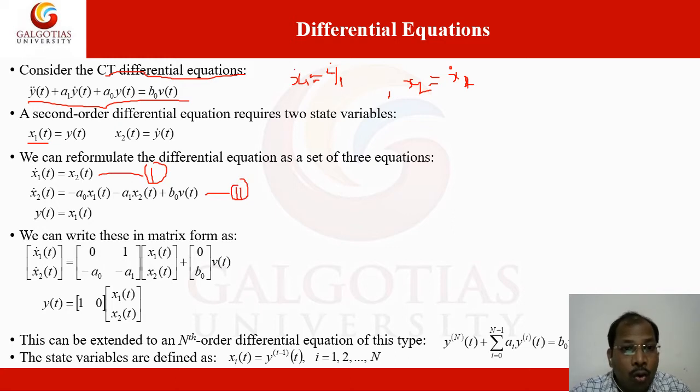Here only x2 appears, so x1 will be absent, so this will be 0, and the x2 coefficient is 1, and then minus a naught and minus a1. This is x1, x2, and B is there. Here there is no B, so we consider 0 and b naught into v of t, and similarly y we can write.